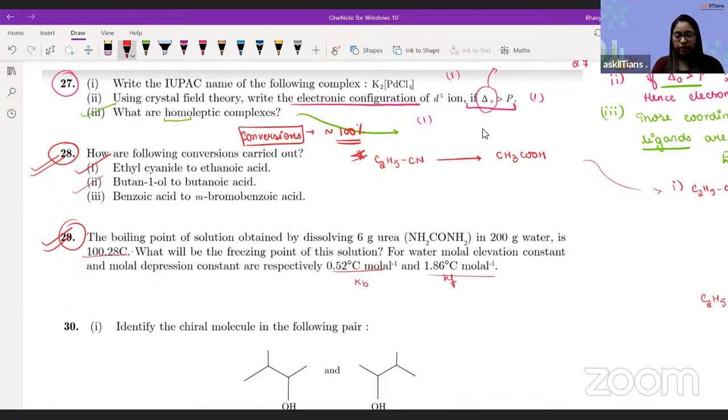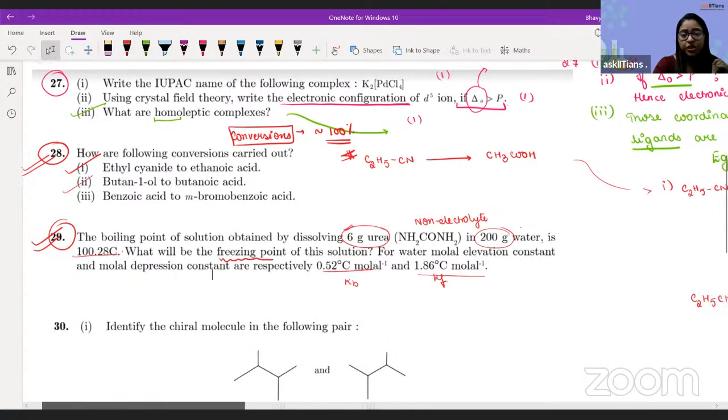This is my Kf. Now, these are the informations about the solvent. This is a non-electrolyte in which I'm adding my solute. This is my solvent's amount, right?